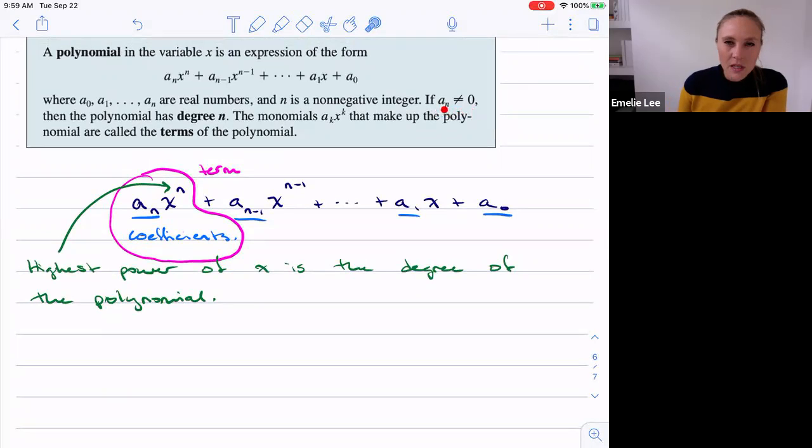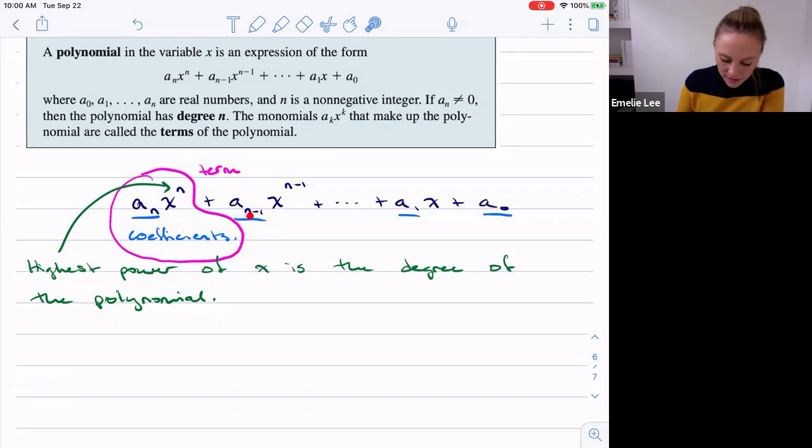So we've got this assumption: a subscript n is not equal to 0. Let's think about what would happen if a_n was 0. Then you've got 0 times x to the highest power, so this term would go away.